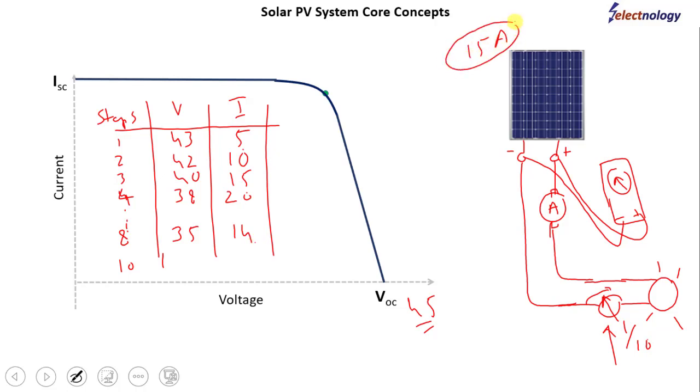Now at step 10 we can assume that the voltage measured was, let's say, 5 volts or maybe 0 volts, and the current was 15 amperes.